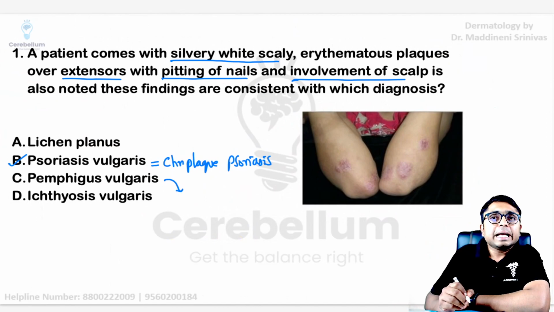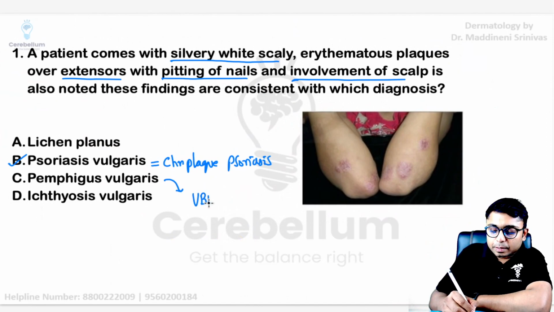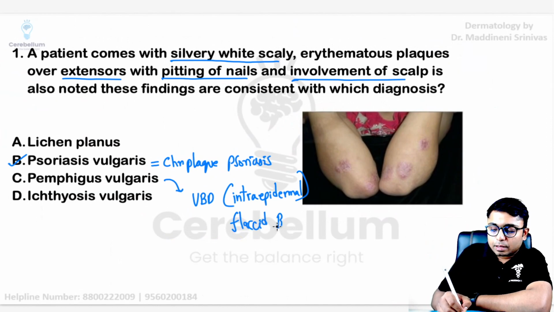Pemphigus vulgaris is a vesiculobullous disorder where intraepidermal flaccid bullae are seen.